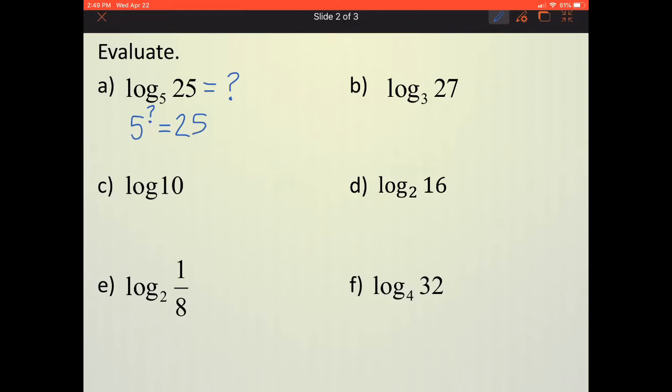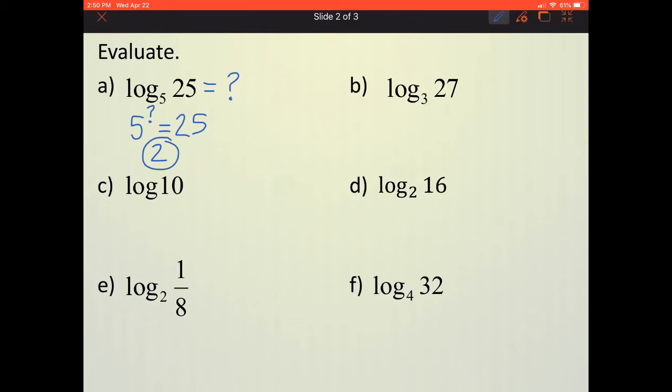So that's all you need to ask yourself on these. If you know them in your head, great, we'll write them down. If not, we'll put it into our calculator. So log base 5 of 25 just means 5 to what power is 25, and the answer is 2, right? 5 to the second power is 25.